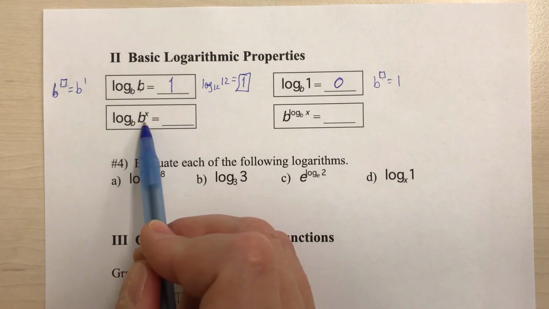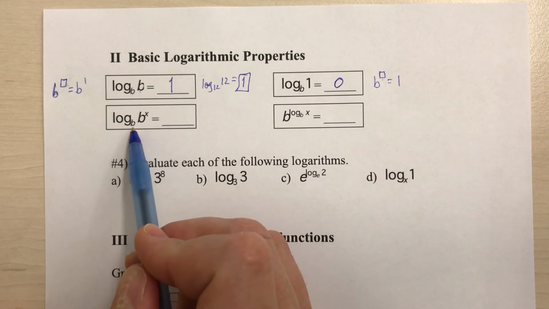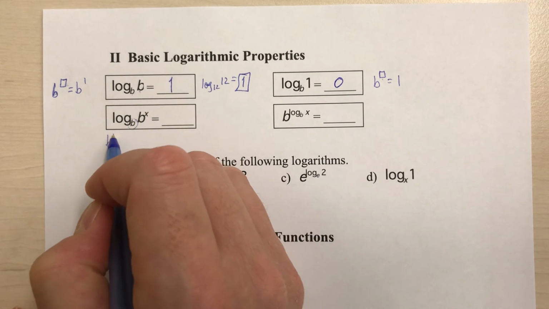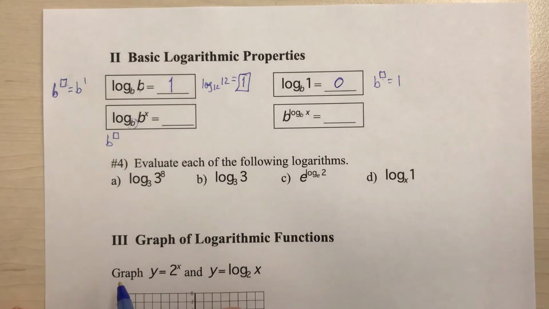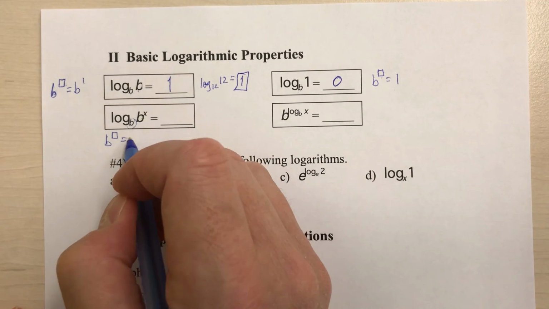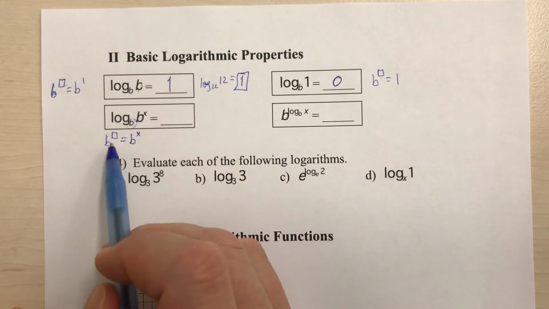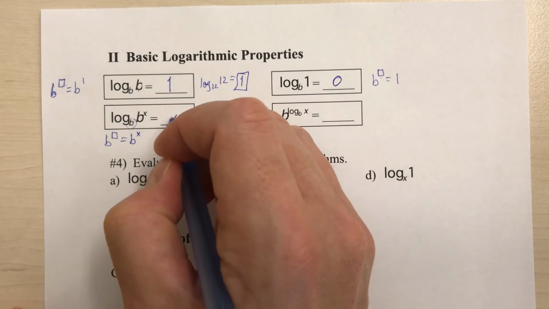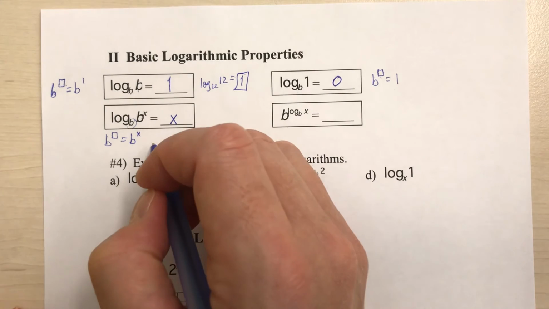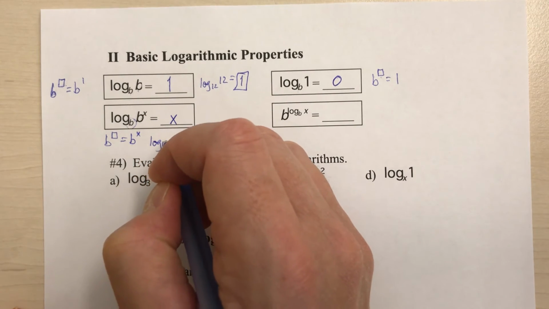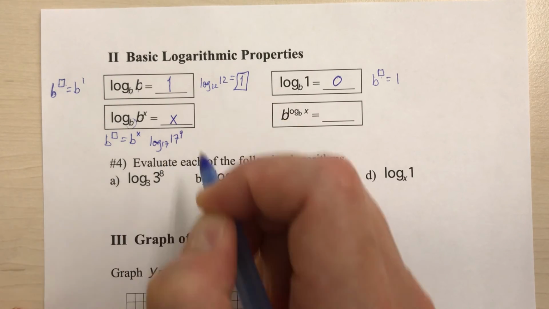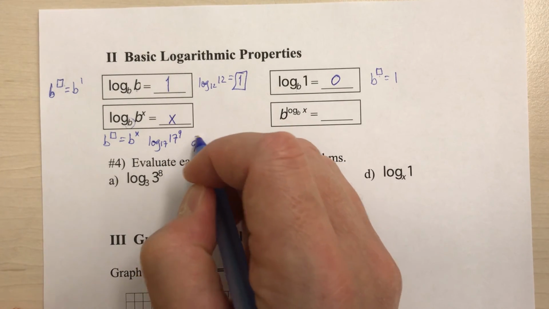Now this is a case where I'll show you, if we change that to exponential, so we take the base raised to something equals this expression, which is b raised to the x, we have the same base, therefore these have to be equal, so this is equal to x. So if you see the log base 17 of 17 raised to the 9th, your answer has to be 9 for that.